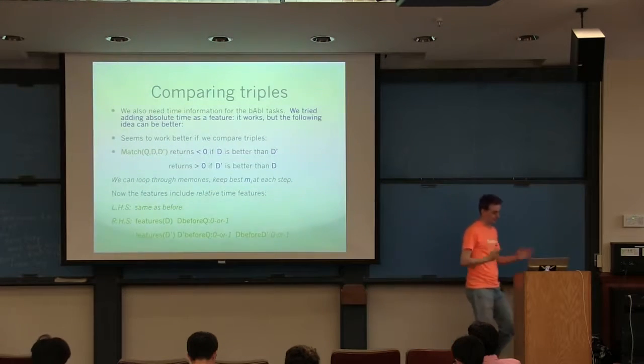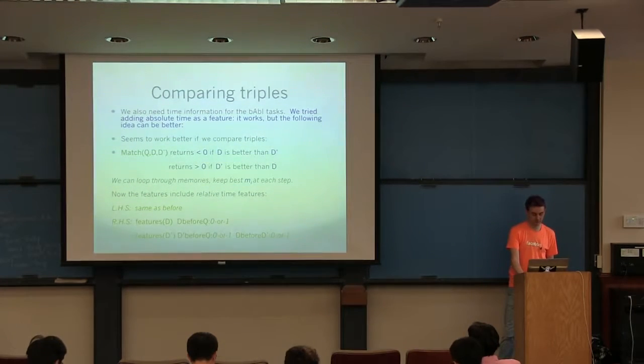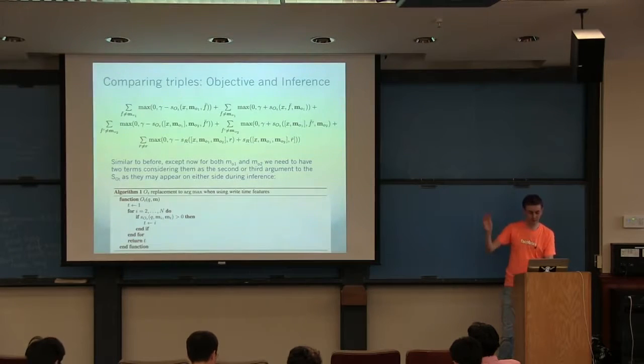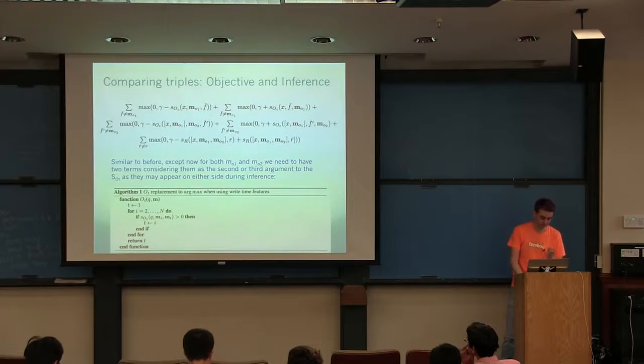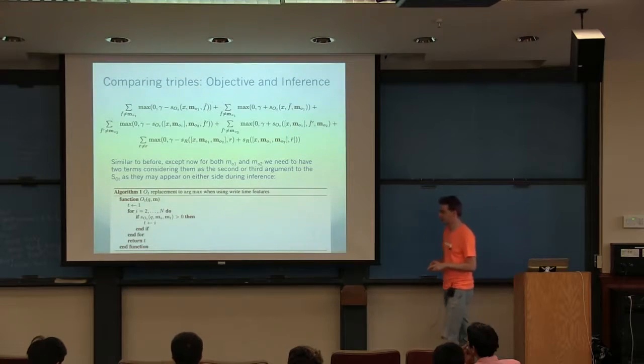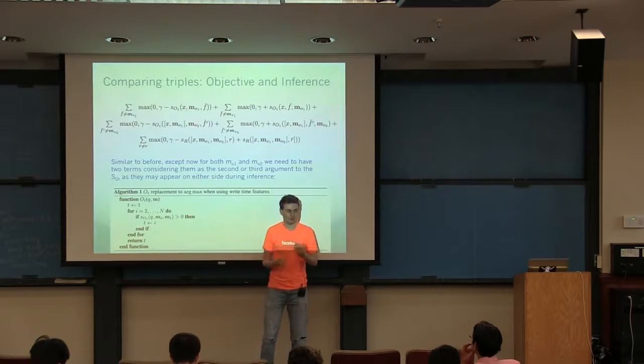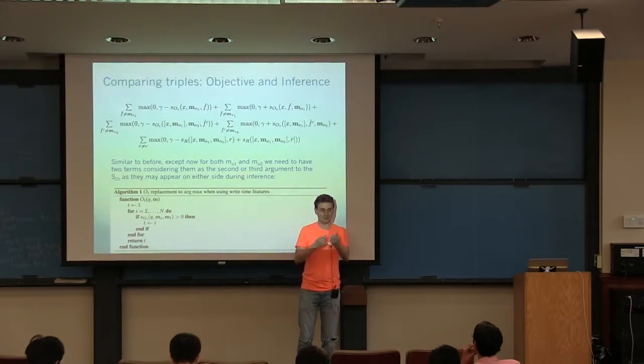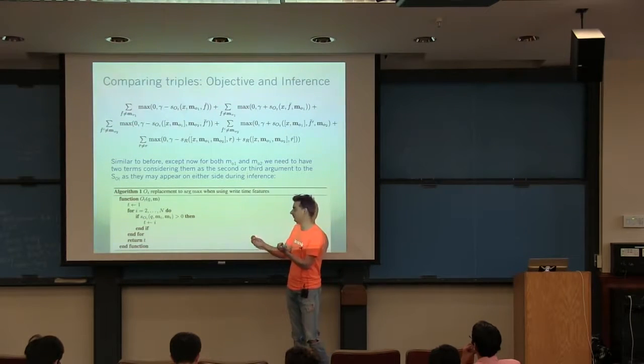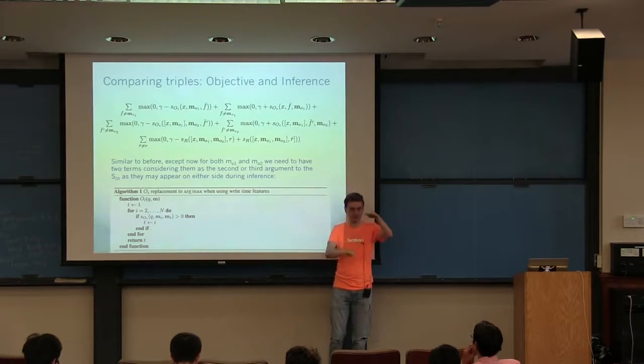That's just an extra trick that you can use, and it changes the objective function a bit, but it's basically the same thing. Except now, because you're comparing triples of things, you want to avoid comparing all possible pairs of memories against the question, because that's too slow. So we just do a really simple tournament.